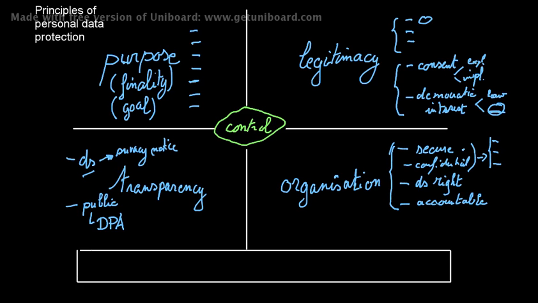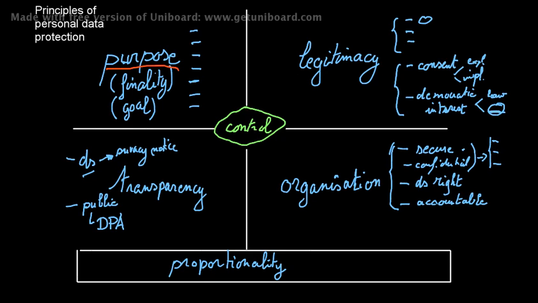So that's the big layout of the principles, and then there's one overall principle, if you want, and that's proportionality. Proportionality has an influence on all the four other principles. With regard to purpose, it comes up in the request for relevance.